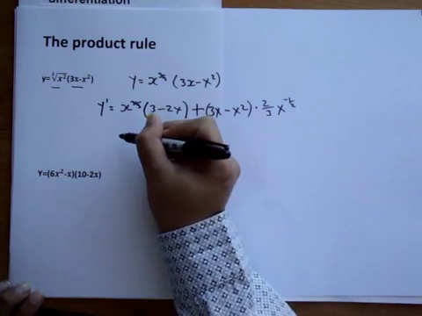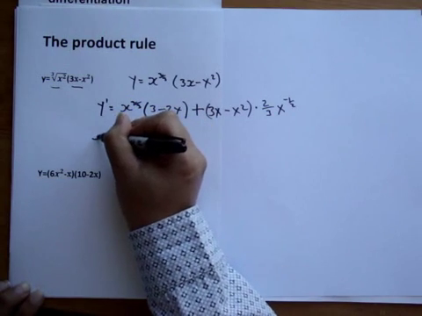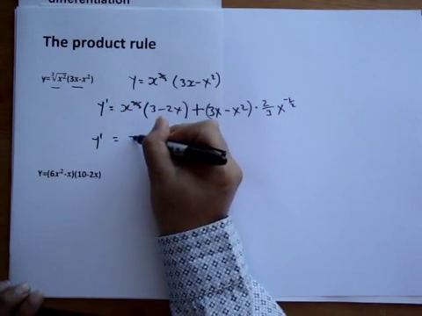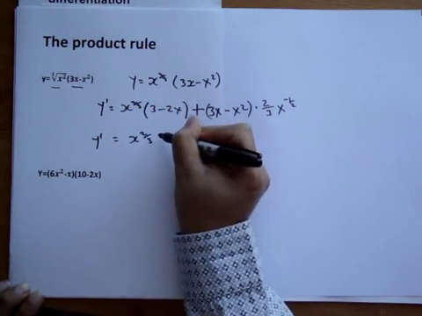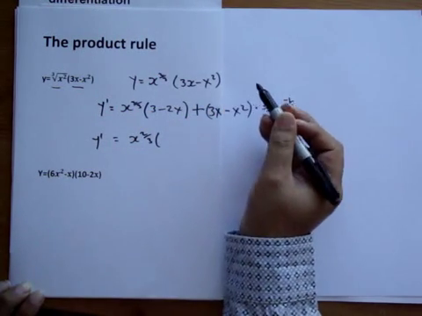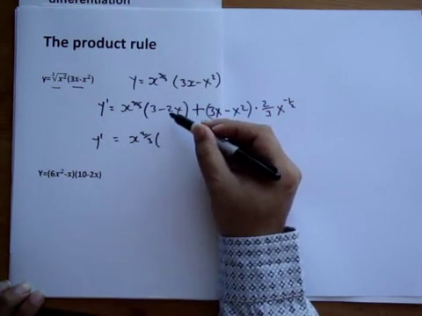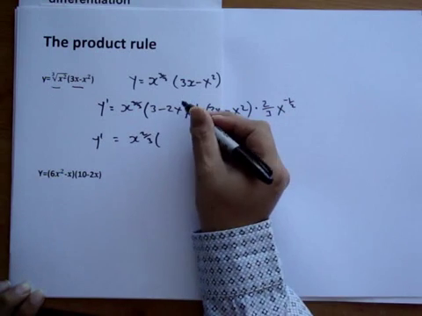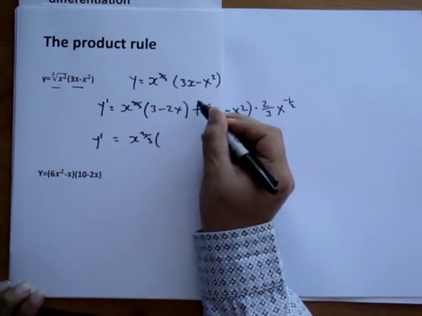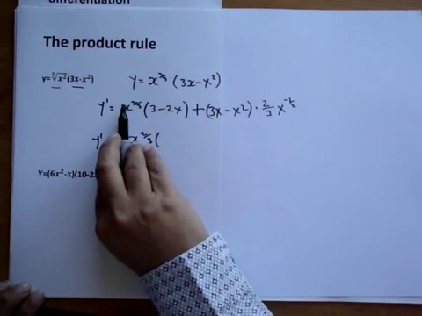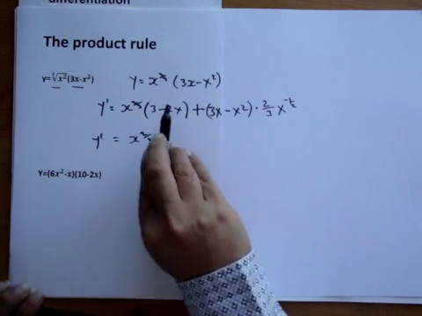So this then tidied up, y prime becomes x^(2/3). Try and put the x's first if you can. Any x's and powers in order from the highest power to the lowest power from left to right.